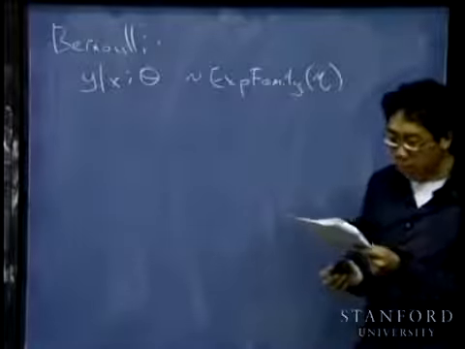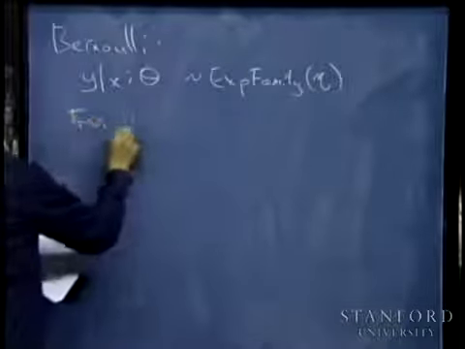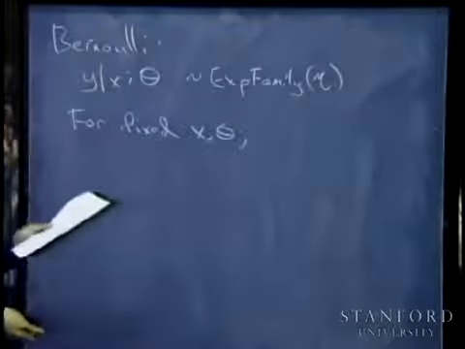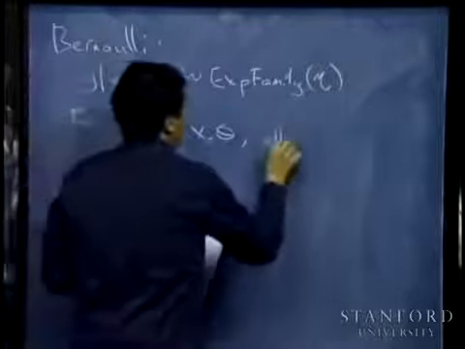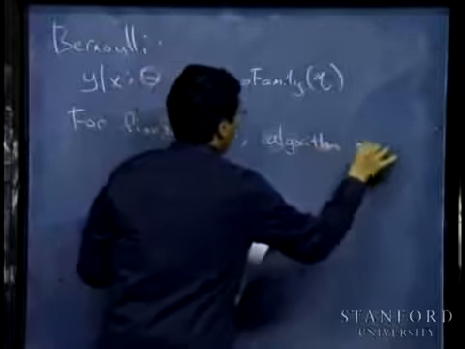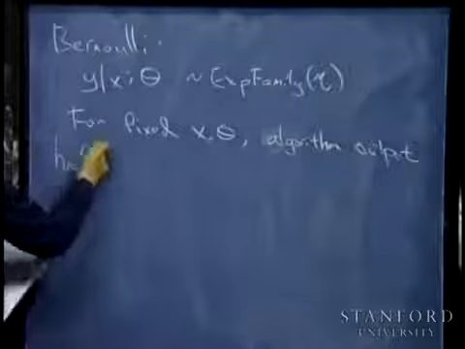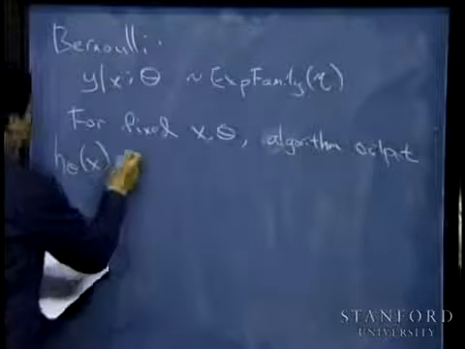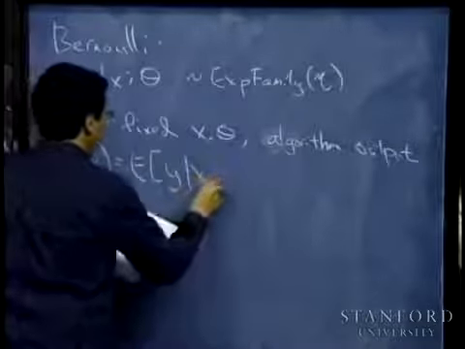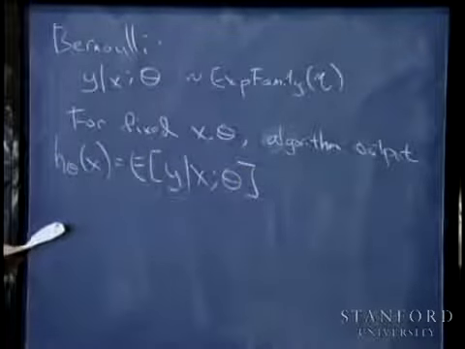So for any fixed value of x and theta, my hypothesis, my learning algorithm, will output h of x, which is by my assumption number 2. I want my learning algorithm to output the expected value of y given x, parameterized by theta.